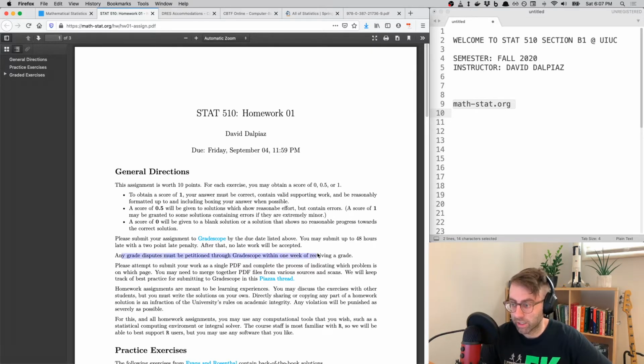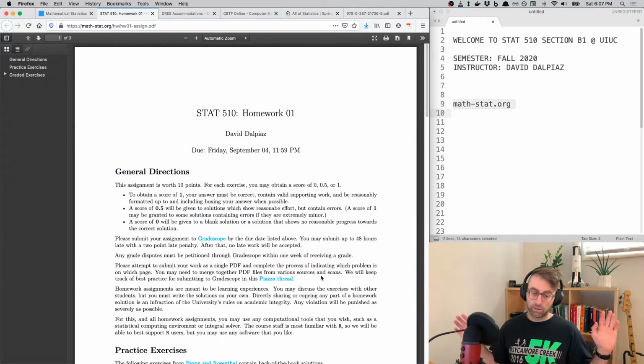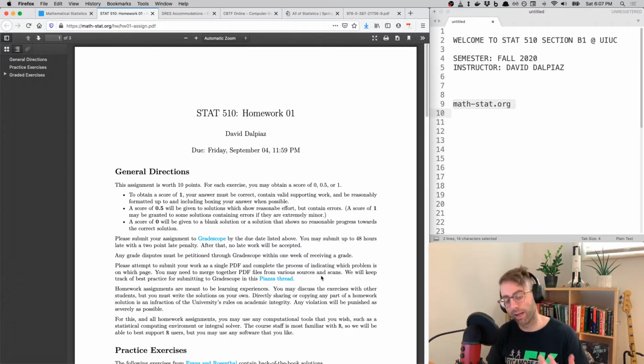Like I said, grade disputes have to happen within the Gradescope system within 1 week of us releasing the grades back to you. So Gradescope is new to me, and the logistics of it I don't fully understand because I've never used it as a student. Well, that's not true. I asked a colleague to put me into their class and we played with it a little bit, but I'm not super well versed.